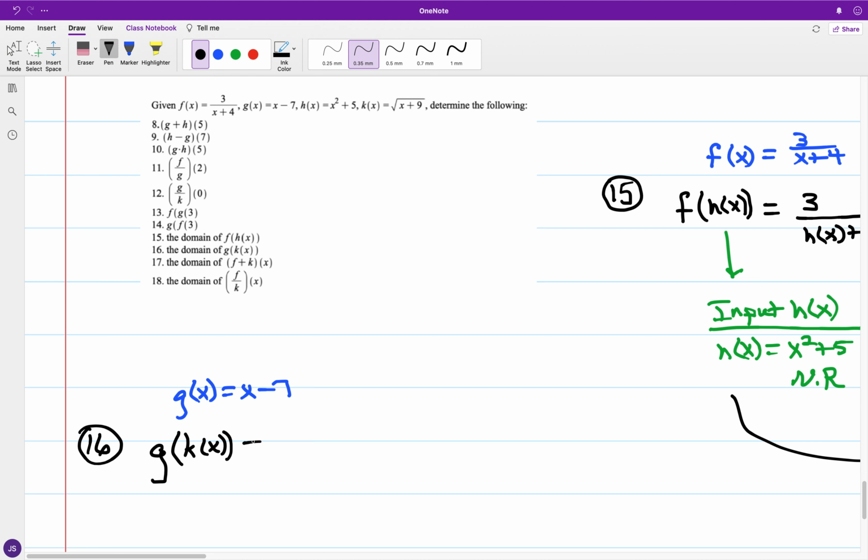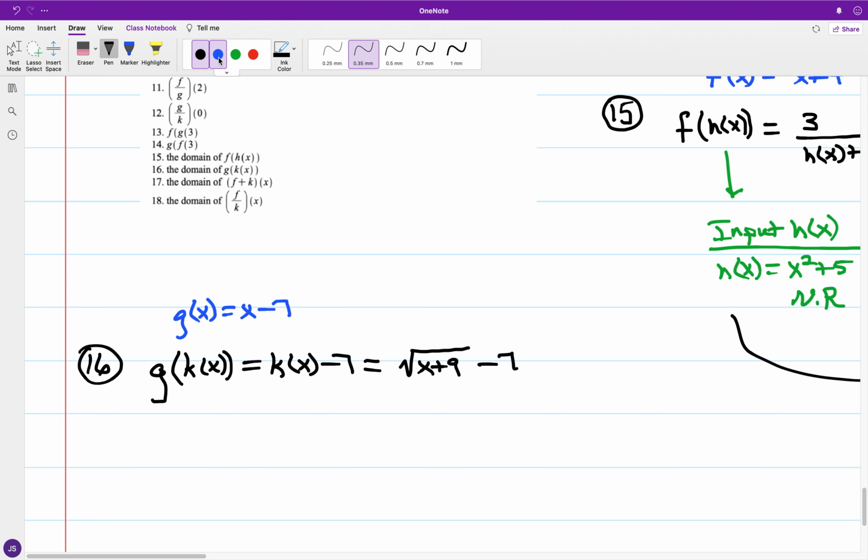So g of k of x is k of x minus 7. And filling in, k of x was the square root of x plus 9, followed by the subtraction of 7. So that will be your final output.